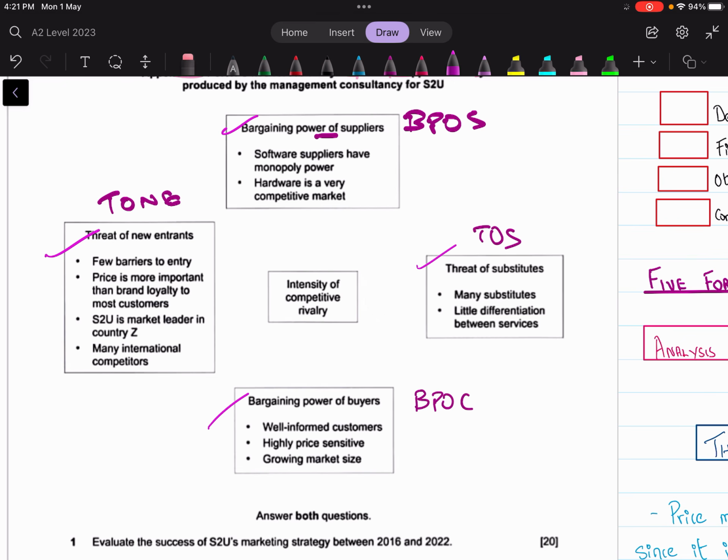Now that is something that I would not advise, because even in the previous paper 3 questions, there are questions in which you were given a SWOT analysis like this, with the examiner telling you the various strengths, weaknesses, opportunities and threats. But if you were to discuss each and every single point, you will not leave yourself with enough time to talk about other issues or to evaluate these approaches overall.